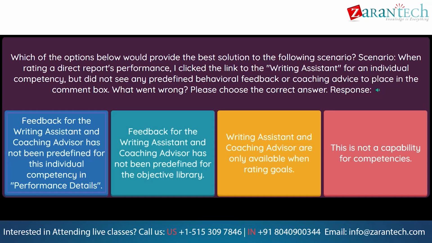Response: Option 1, feedback for the Writing Assistant and Coaching Advisor has not been predefined for this individual competency in performance details. Option 2, feedback for the Writing Assistant and Coaching Advisor has not been predefined for the objective library. Option 3, Writing Assistant and Coaching Advisor are only available when rating goals. Option 4, this is not a capability for competencies.